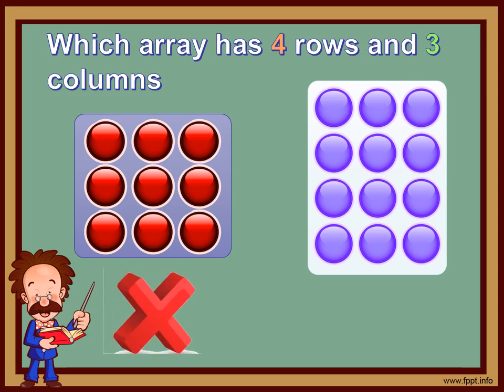Let's count these. How many rows? One, two, three, 4 rows. 4 what? Rows, yes. How many columns? One, two, 3 columns. So this one has 4 rows and 3 columns. Let's see what else.